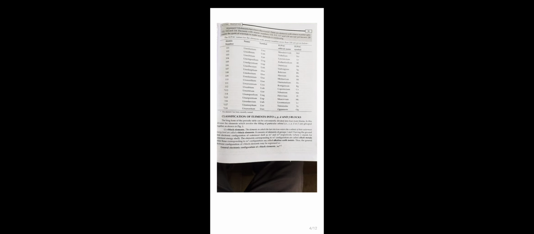The elements corresponding to ns1 configuration are called alkali metals, while those corresponding to ns2 configuration are called alkaline earth metals. Thus, the general electronic configuration of s-block elements is ns1 to 2.